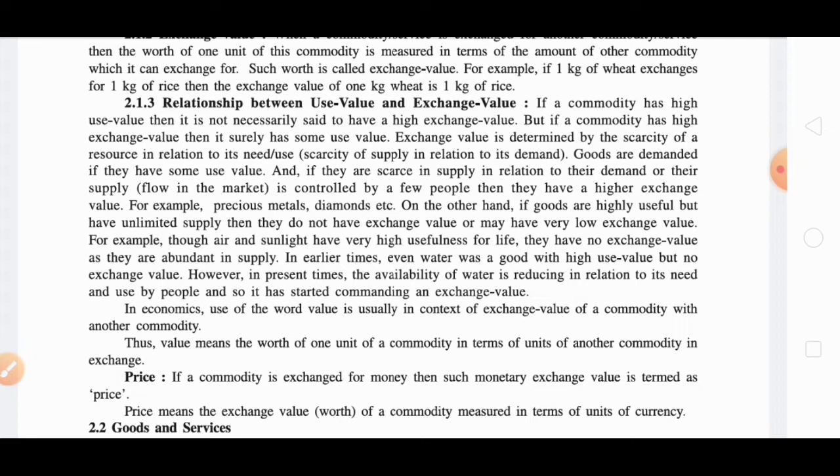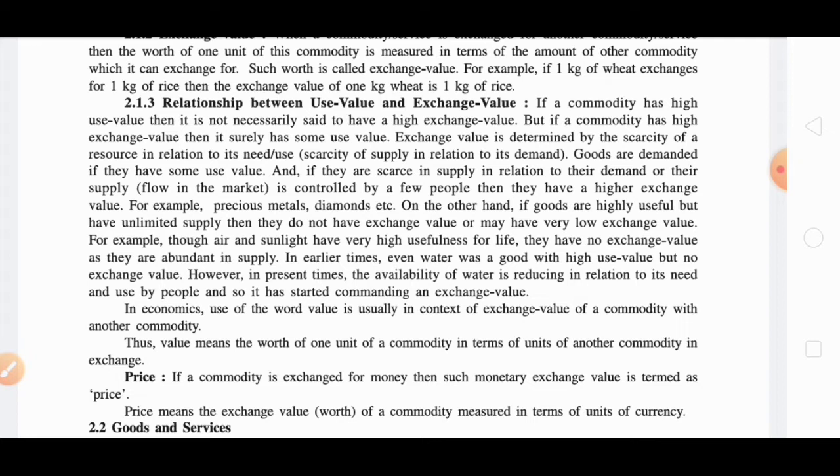Here they have given the example that though air and sunlight have very high usefulness for life, because we cannot imagine life without air and sunlight, they still have no exchange value as they are abundant in supply.